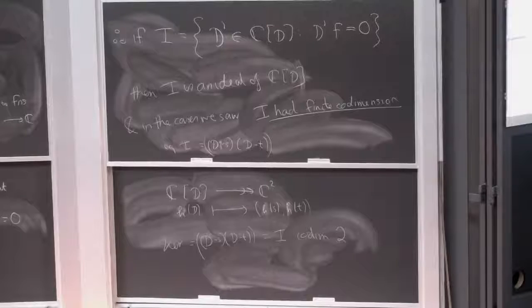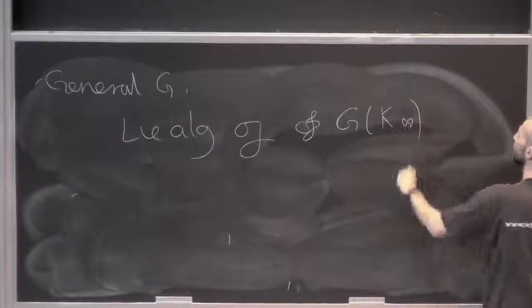And of course, for general G, this is what I talked about at the end of last time. For general G, we have the Lie algebra, curly G, of the real Lie group in question. This could easily just be GL2 of the reals or GLN of the reals.